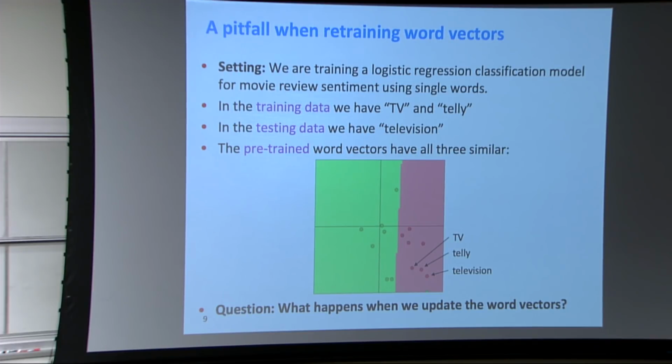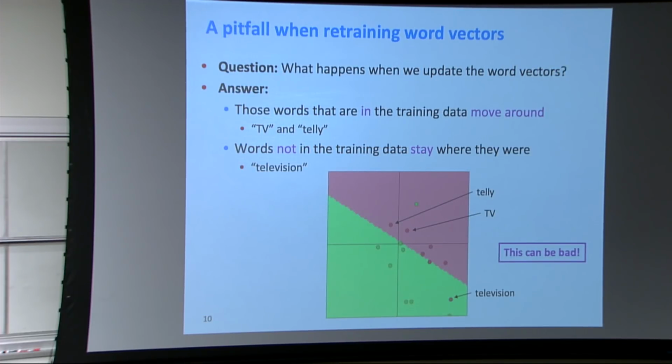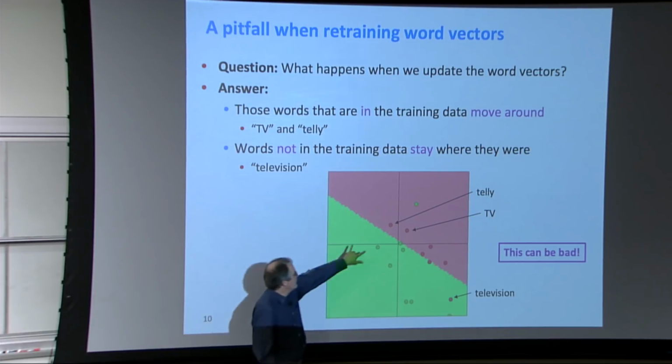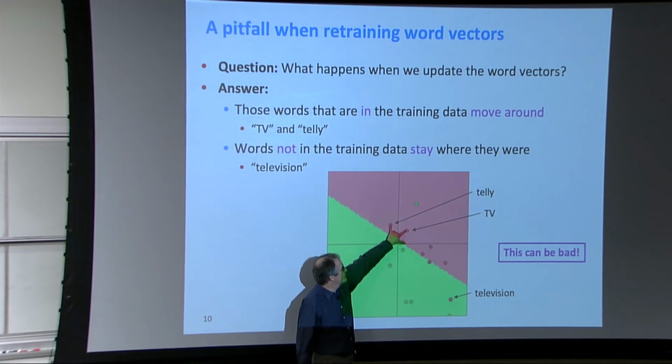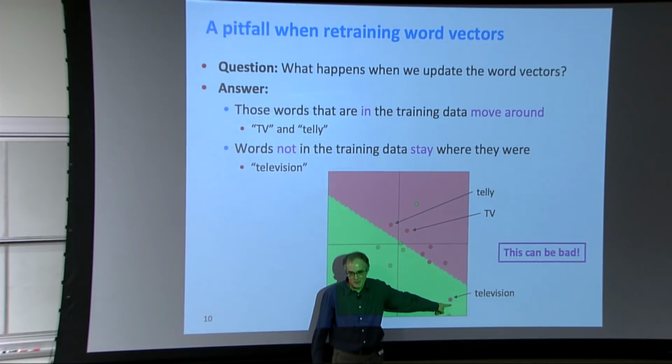Well, then what's going to happen is, while we train our sentiment classifier, if we push gradient back down into the word vectors, it will move around the word vectors of the words we saw in the training data. But necessarily, television's not moving, right? Because we're only pushing gradient down to words that are in our training data.